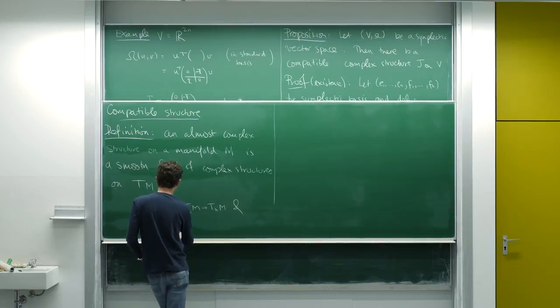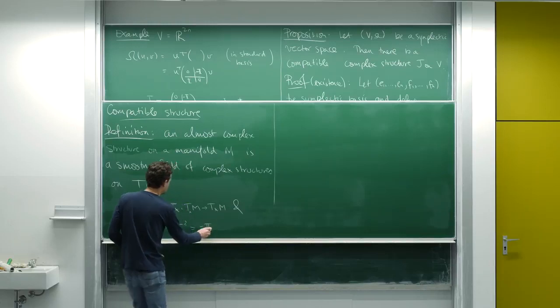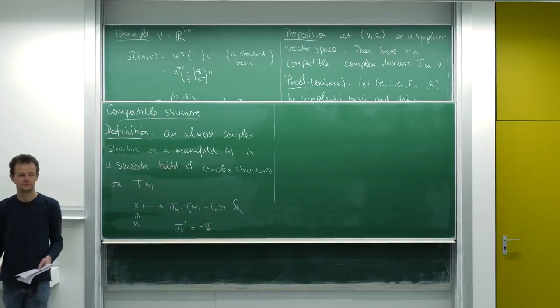And this operator squares to minus the identity.